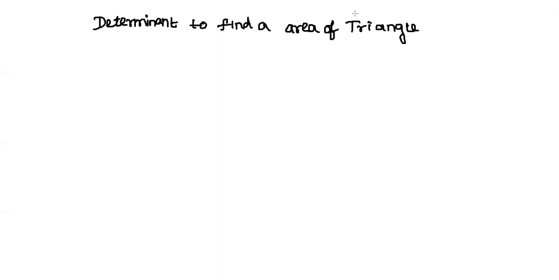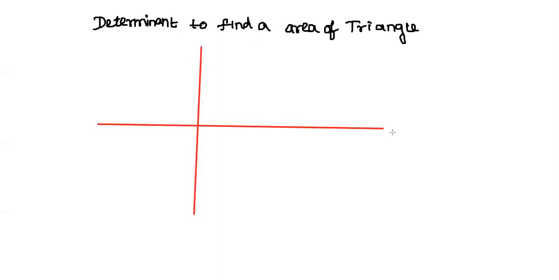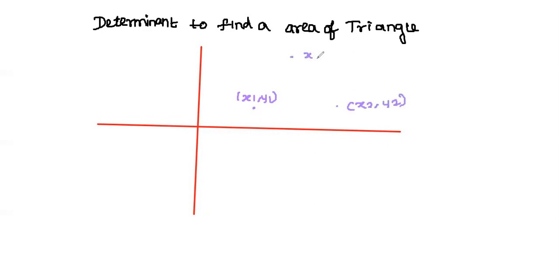And imagine that they gave a Cartesian plane and you do have 3 points on that. Like imagine the points are x1, y1, like over here, and here x2, y2, and here x3, y3. So this is x-axis, y-axis, x coordinate and y coordinate.